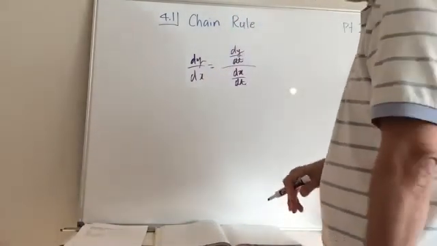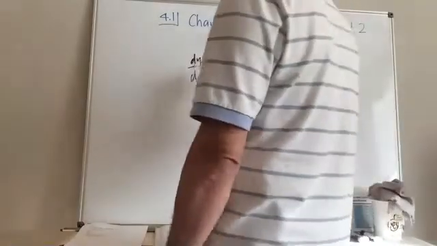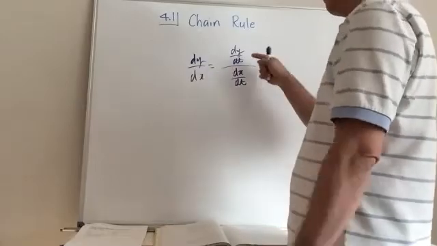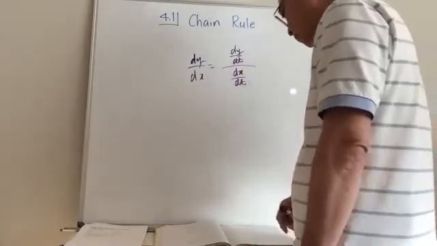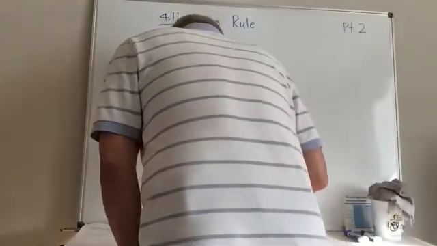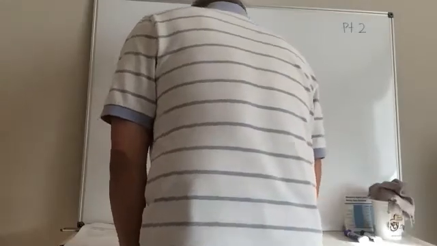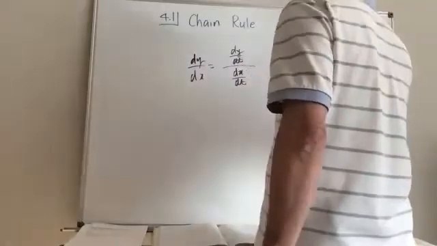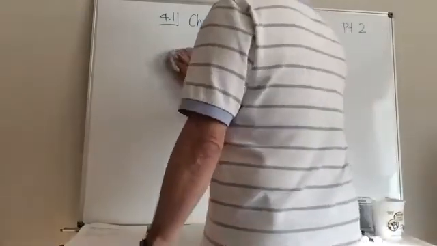Pretty simple. Since x and y are both going to be in t, you just take the derivative with respect to t and then divide them out. That is on the top of page 158. Let's see if we can use this and do example number 6.